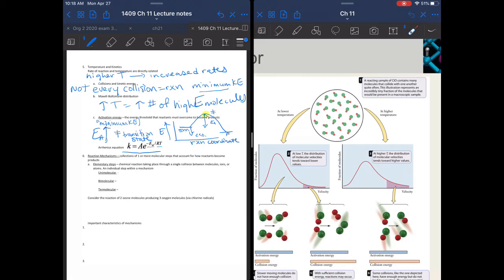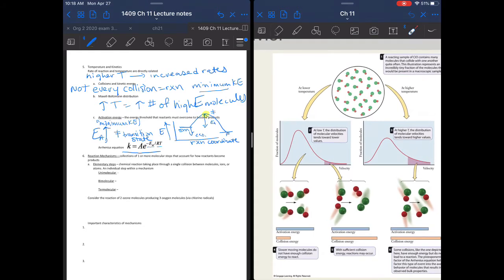So for those two reasons, higher temperature is going to lead to a higher rate, right? And you see the difference here, right, between low temperature and high temperature. Your collision energy, there's more molecules that it's not going to be high enough. There's less collisions, so the likelihood that you're getting the right geometry is lower. Higher temperature, both of those things are addressed.